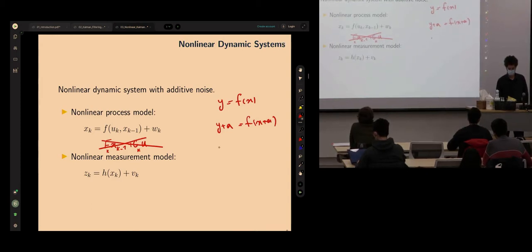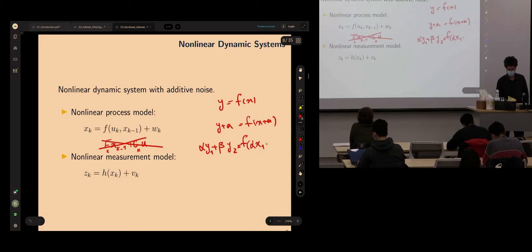Or in other words, alpha y1 plus beta y2 equals f of alpha x1 plus beta x2. This is a property of a linear map.